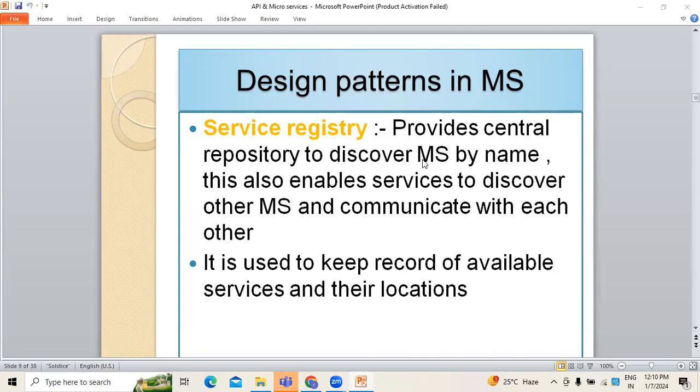Let me give you an example. Let's say you have taken an e-commerce website, right? So an e-commerce site has different services. For example, there is an order service, point number one, an exclusive component for orders. At the same time, we may have a component for payments, the payment service.